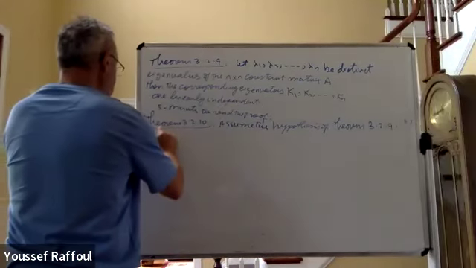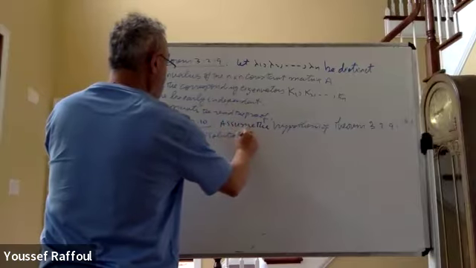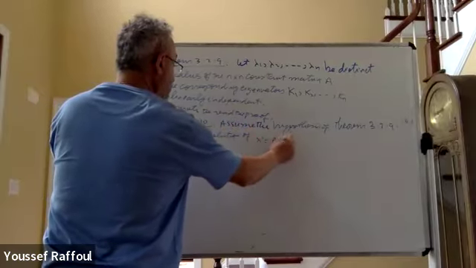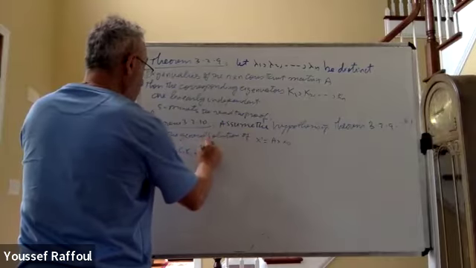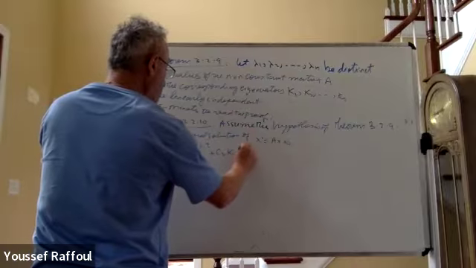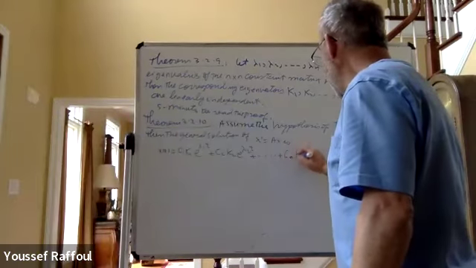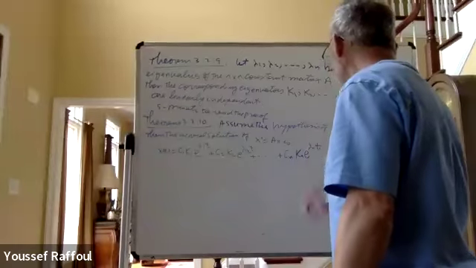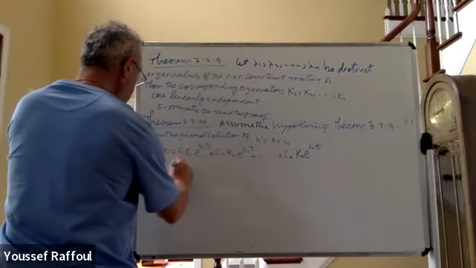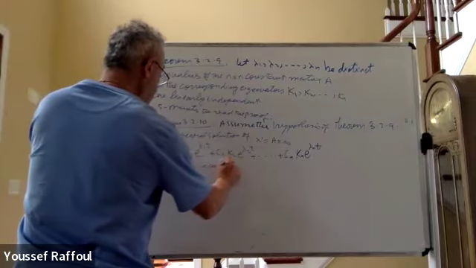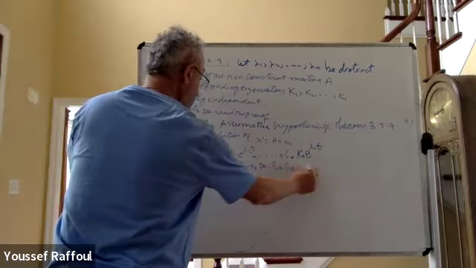Then the general solution of x prime equal Ax is x of t equals c1 k1 e to the lambda 1 t plus c2 k2 e to the lambda 2 t plus ... cn kn e to the lambda n t, where ci for i equal 1 to n are constants to be found using initial data.